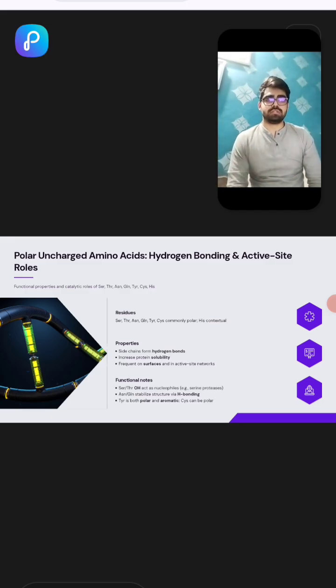Properties: as you can see, they form strong hydrogen bonds. As they can form strong hydrogen bonds, they are more soluble in the solvent, basically water or maybe any other. They are frequent on the surface and in active site networks, as they form inter- and intramolecular hydrogen bonds.